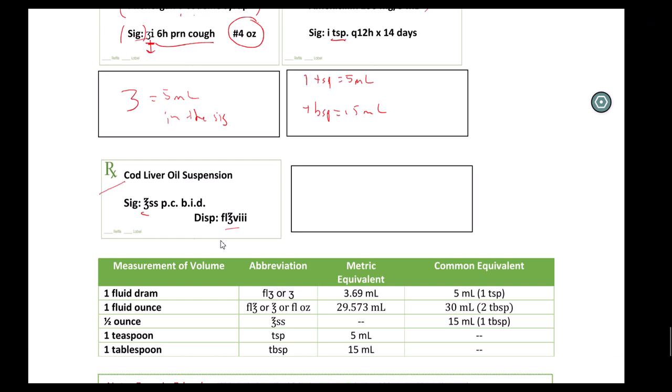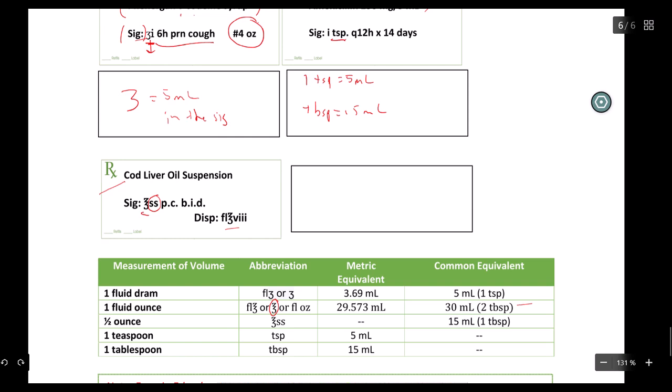The fluid ounce here that we have to worry about is that this is telling us to take SS. What is that? It's not a Roman numeral that we know of. That's an abbreviation for half. So this is telling us to take half of what this is, which is 30 mLs. So it'll be 15 mLs.